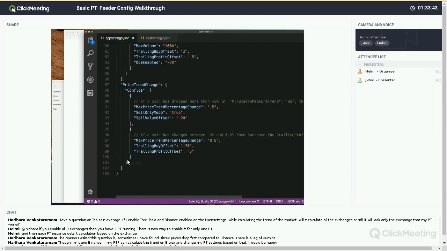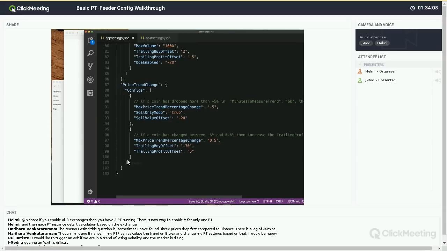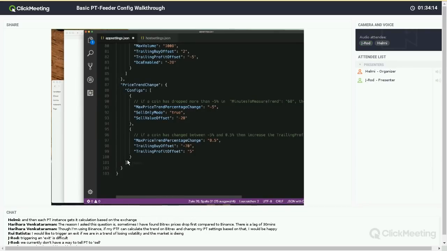Whatever you change, it's always best, at least in the beginning, to leave your profit trailer off, let PDFeeder run, generate a config, open that config in Notepad++ or whatever text editor you're using, and look at it. Look at those pairs; there are a lot of comments on each pair block that tell you the price trend change or the volatility for that pair, and then see what settings come out.